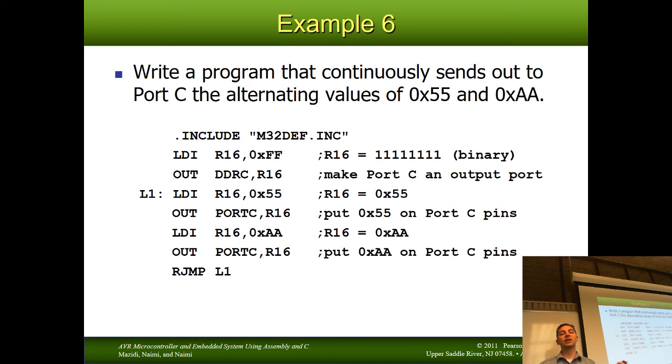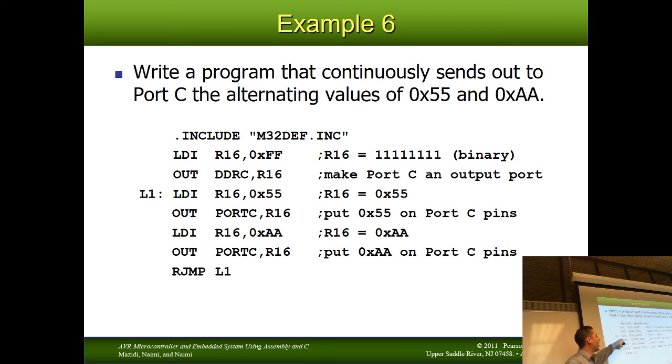Write a program that continuously sends out to port C 55 and AA. We've actually already done this one. The only thing we have to make sure we do is set up DDR-C to be all outputs, and then in a loop. You've already learned a little bit about this loop instruction.